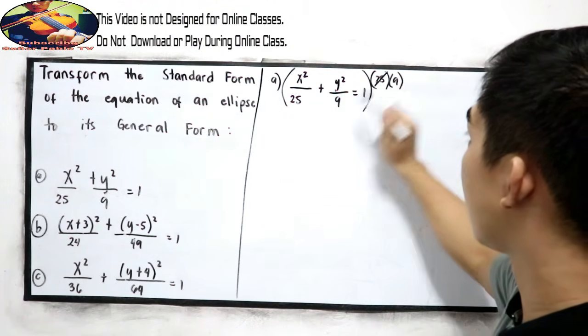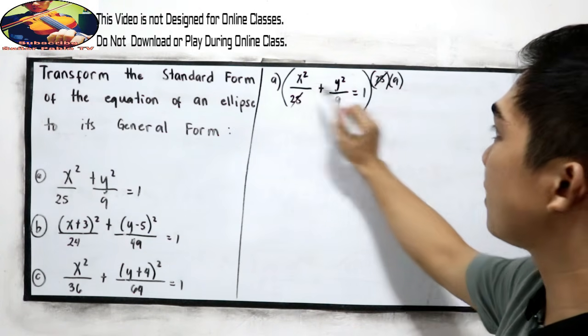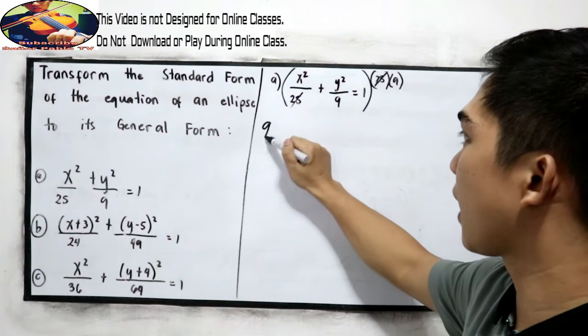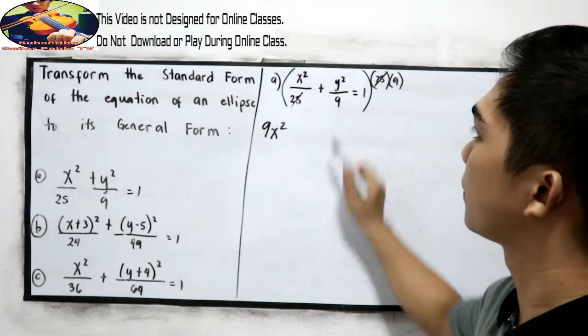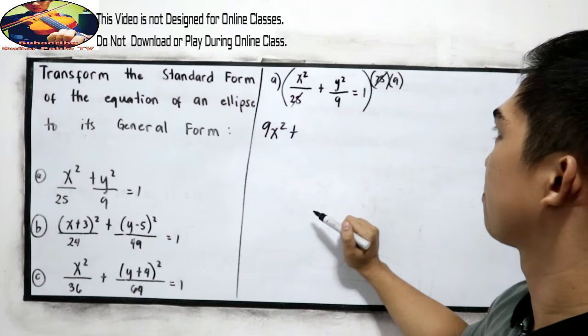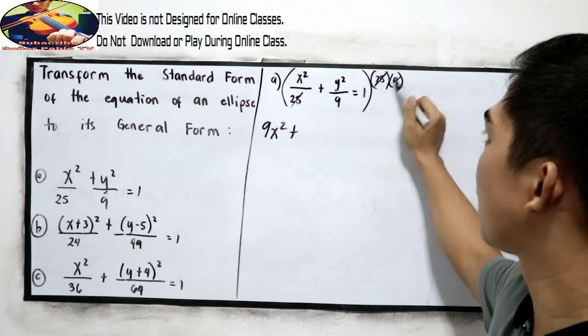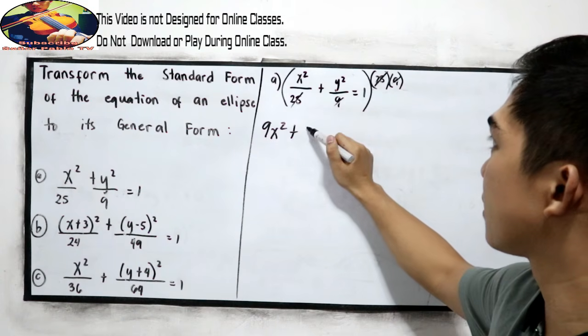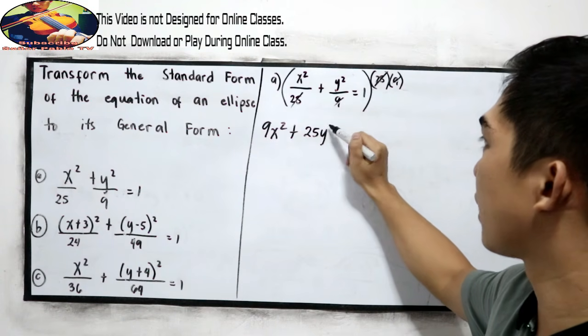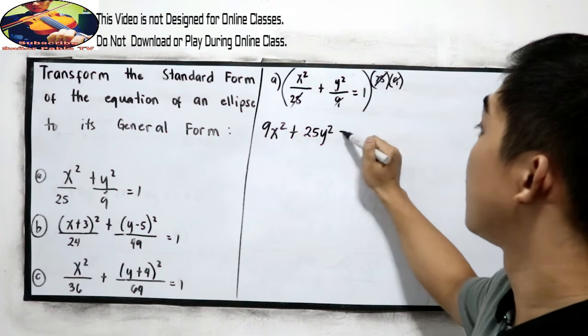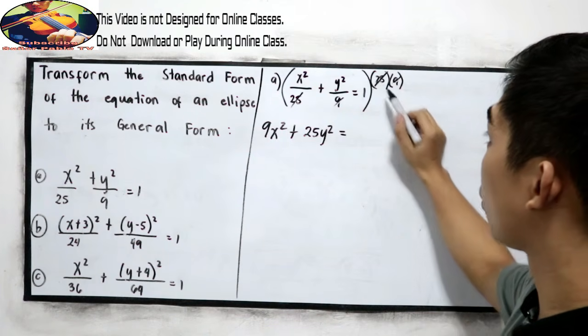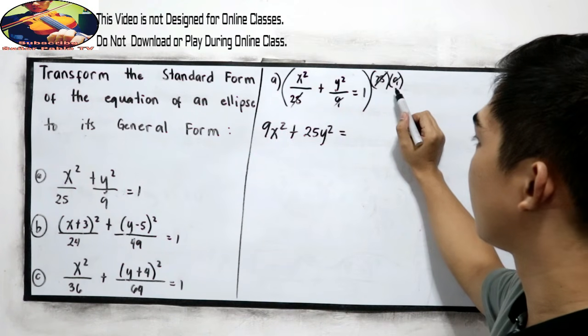So this will be cancelled out. Then 9 times x squared, so we have 9x squared plus, in this case, 9 will be cancelled out, so the remaining is 25y squared is equal to 25 times 9.